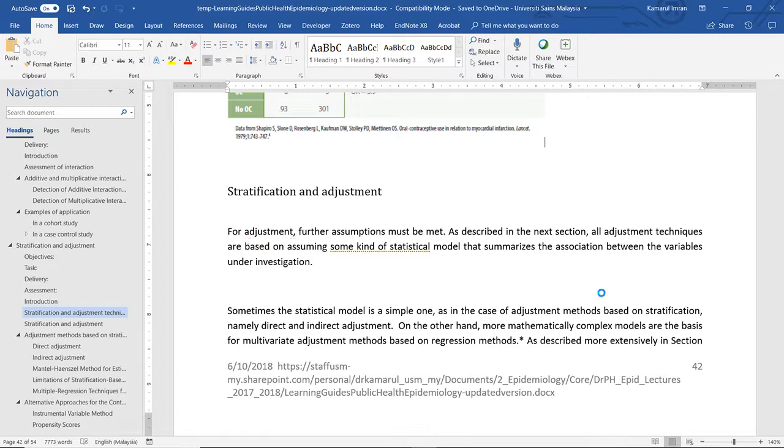Next, for adjustment, you need further assumptions, because now you are doing statistical analysis, and you need to know that all adjustment techniques assume some kind of statistical model, right?